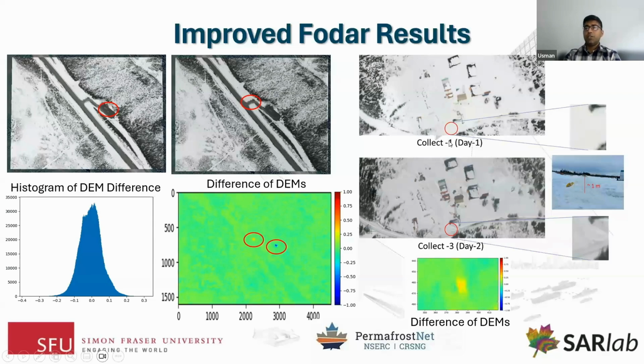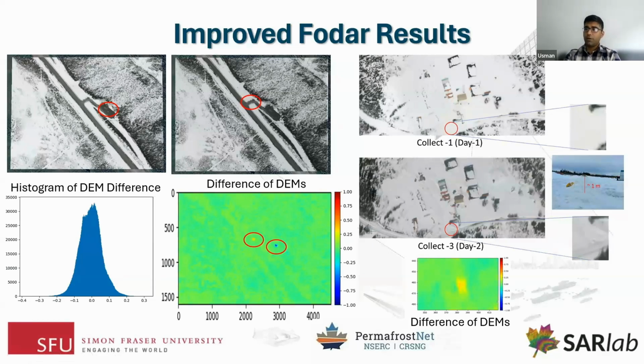For the other change, where I made the snow pile, it was 4 days apart, and the problem here was that there was significant warming in those 4 days, and you can also see from the orthomosaics that the snow melt on the roofs is quite obvious. These kinds of changes in a snowy environment do not make a good data set for interferometry, and that's why we didn't get really good results with the interferometry.